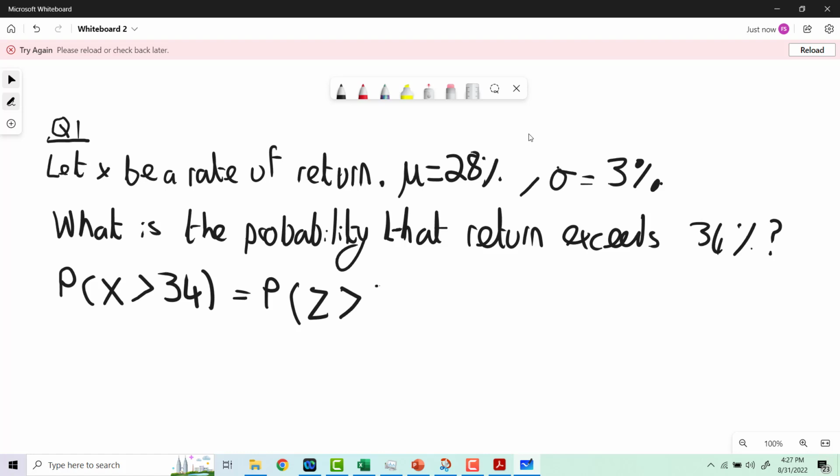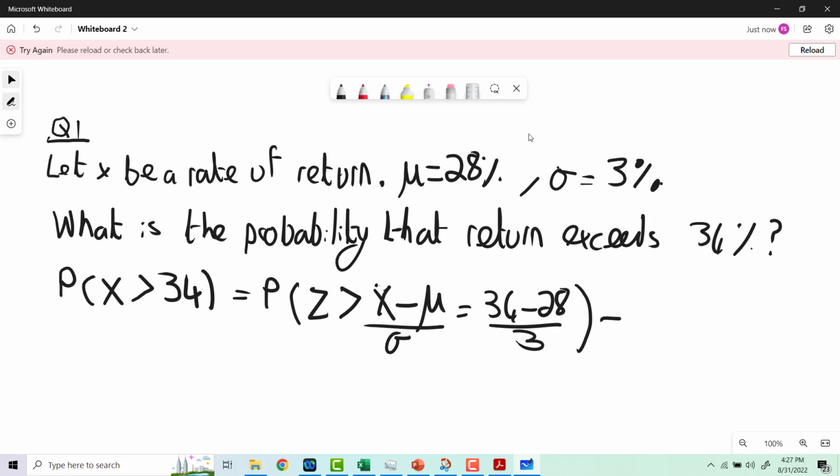Well, it's going to be greater than 34, basically x minus mu all over sigma, which is 34 minus 28 all over 3, which is equal to 2.